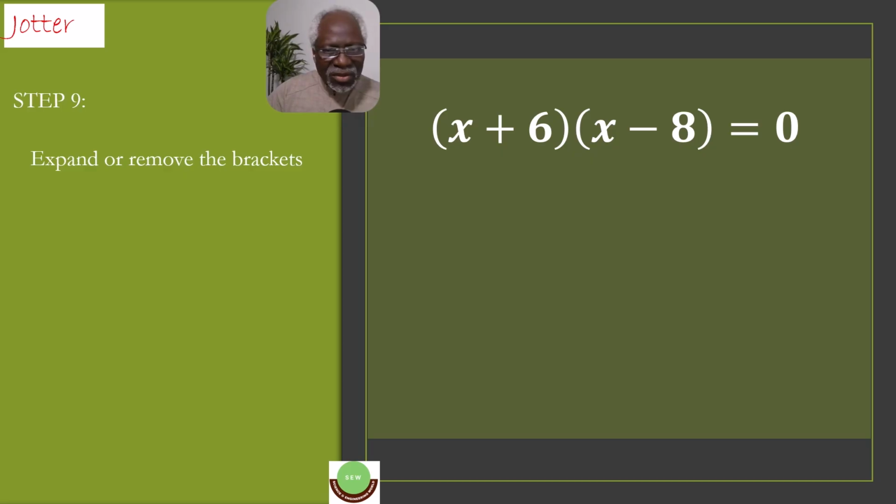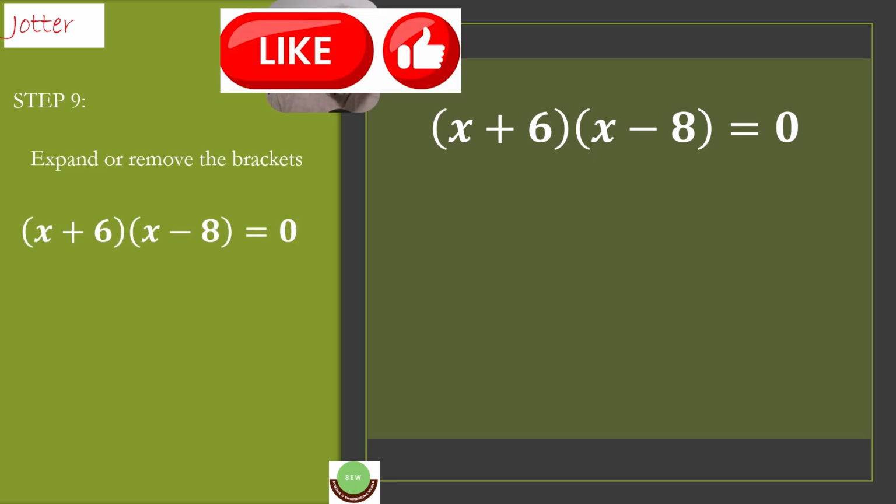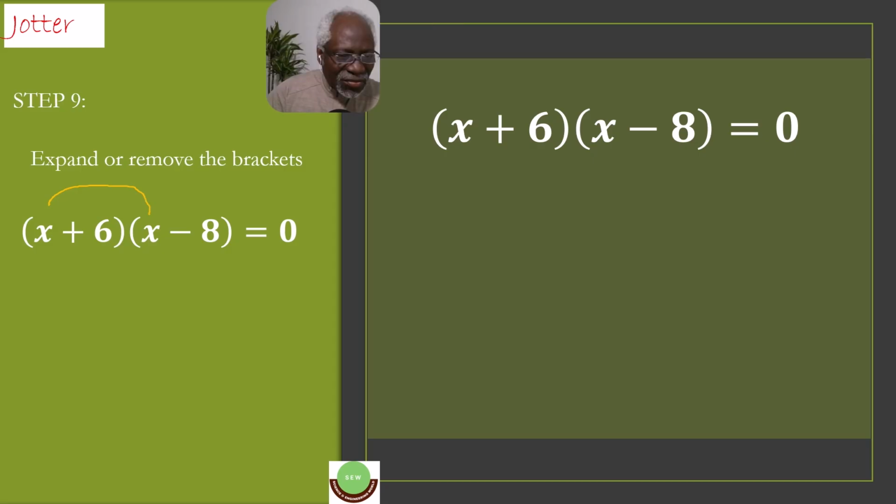In this step 9, we want to expand the bracket or remove the brackets. So what we're going to do is we are going to have here x, we multiply this one, and x we multiply that, and that will give us x squared minus 8x.